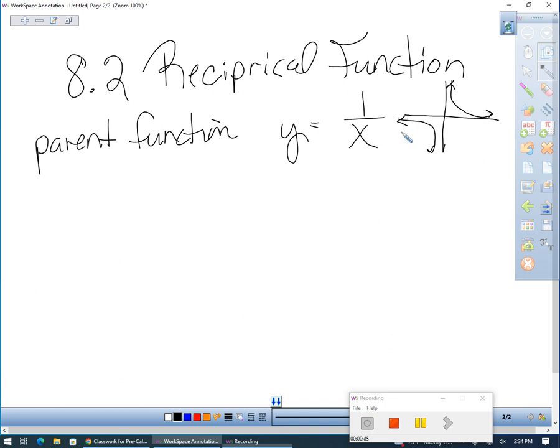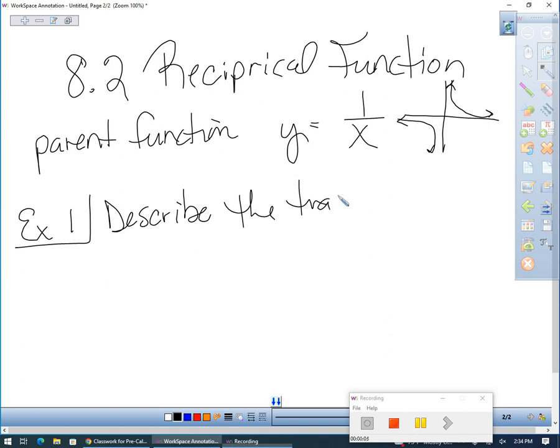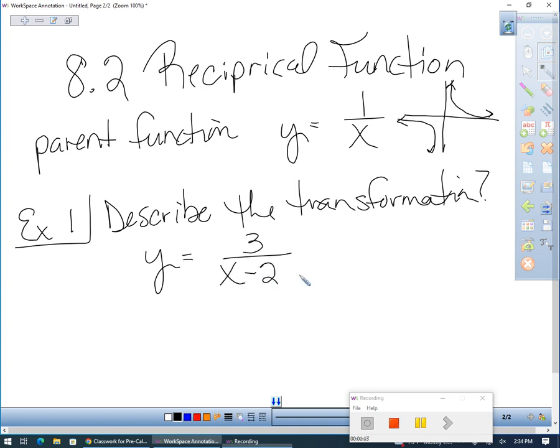So just to see how much you remember, I bet you can totally handle this. First thing I'm going to ask you, example number 1. Can you describe the transformation? So if I start by saying we have y equals 3 over x minus 2 plus 5.